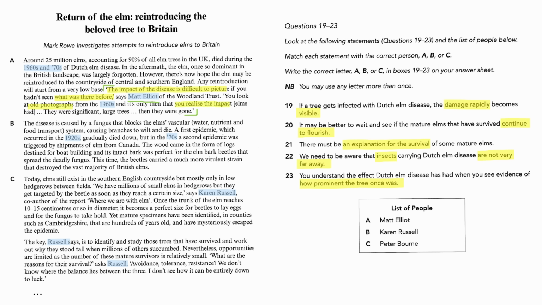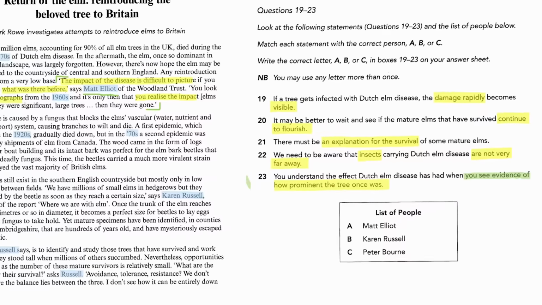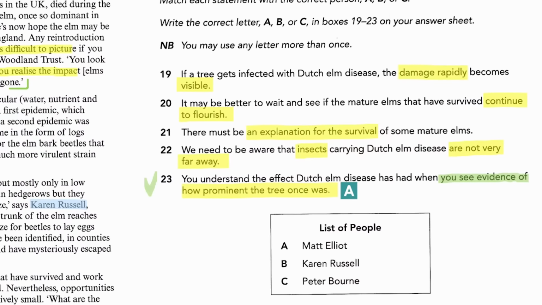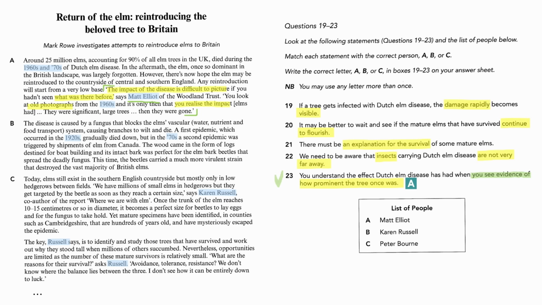And that's very similar to number 23. You understand the effect Dutch elm disease has had when you see evidence of how prominent the tree once was. So the evidence is the old pictures. So 23A.